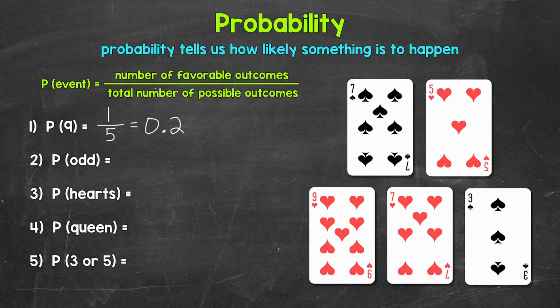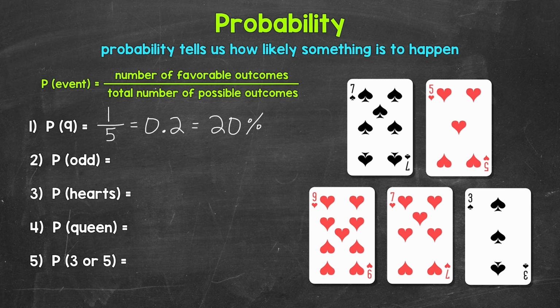And then we can get our percent by multiplying the decimal by 100, which a quick way to do that is move the decimal twice to the right. So our percent here is 20%. So this is the probability of picking a 9. This describes our chances. This helps us understand how likely it is to happen.